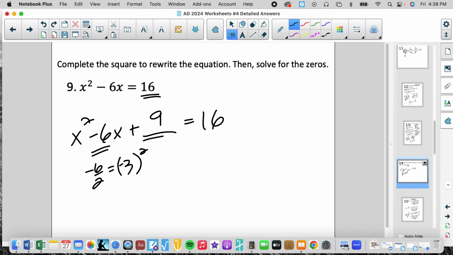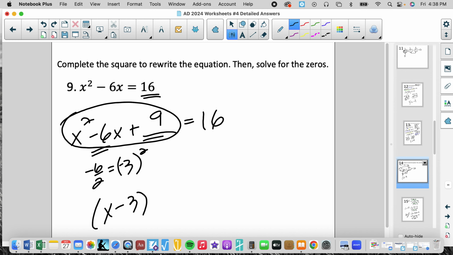That would be 9. So 9 would make this a binomial square. It would make it x minus 3 quantity squared, because x minus 3 quantity squared would produce this. Where did I get the minus 3? From right here. That's my little cheat code again.